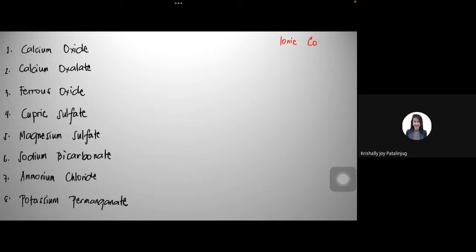For ionic compounds, let's recall that they consist of cations followed by anions. So that's the order. Cation comes first, followed by anions.